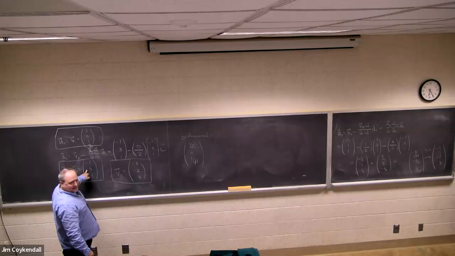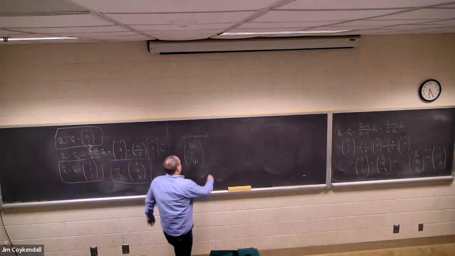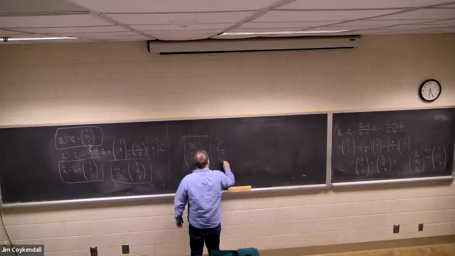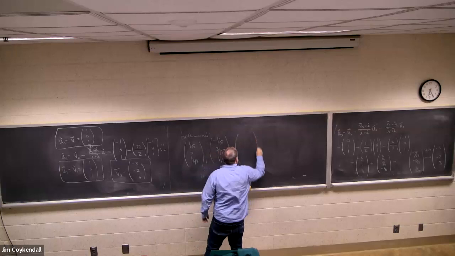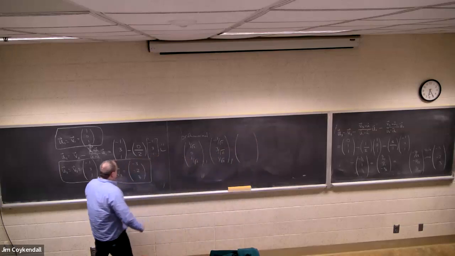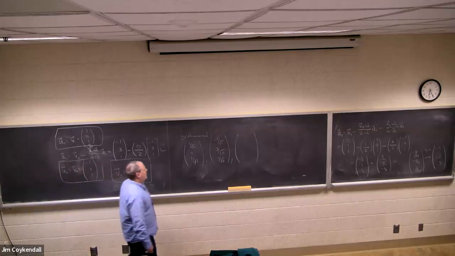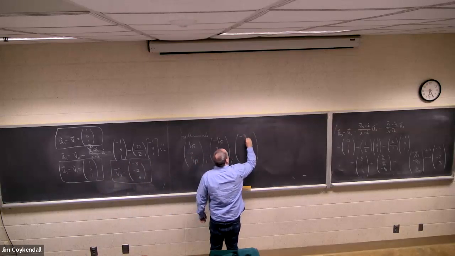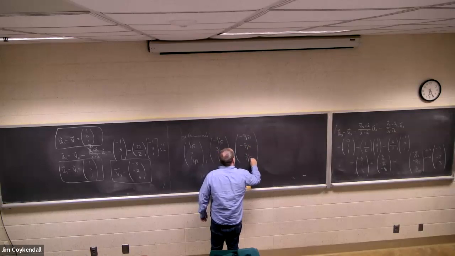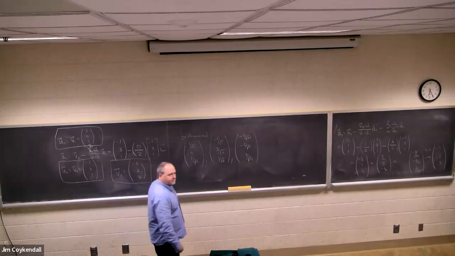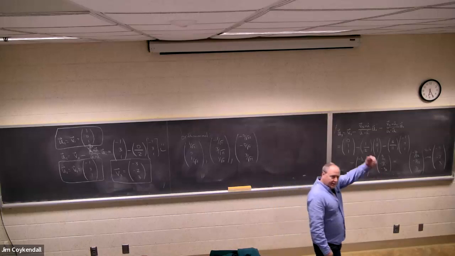Here the length is radical 11, like that. And the last one, the length looks like it's radical 22. Everybody okay with it? And there you go. So there's my orthonormal basis.